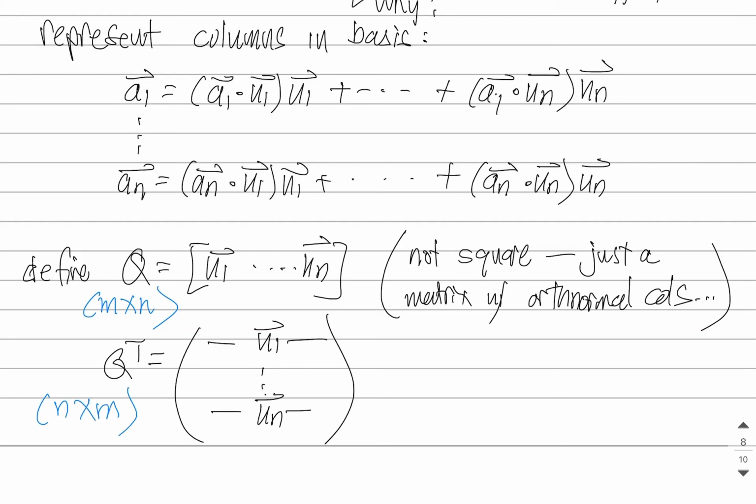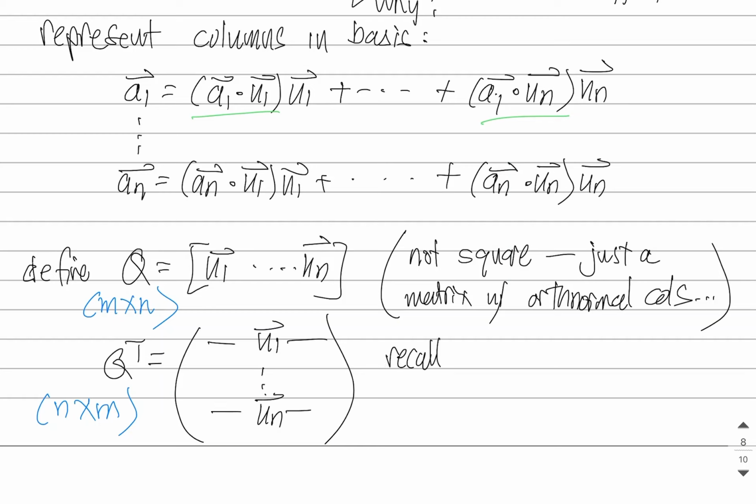Now, if I consider the transpose, it's an n by m matrix. Why do I want to bring in all of this machinery? Because the first thing that I'm going to do is try to remember that it's possible for me to write all of these coefficients in a nice form to do with the matrix transpose.